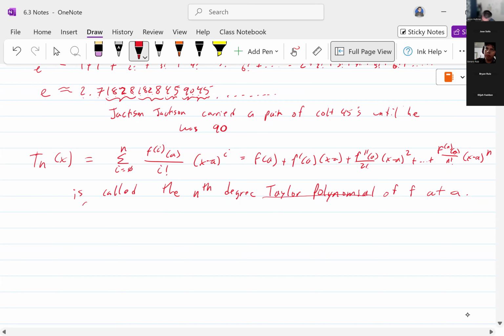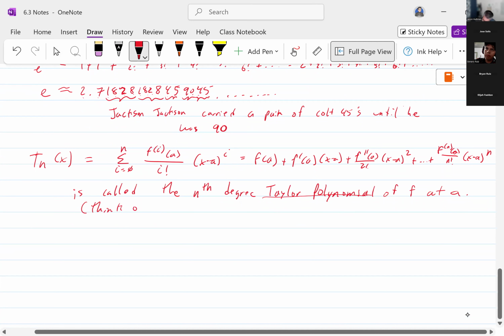Think of it as the nth partial sum of the series for a given f, for a certain function.